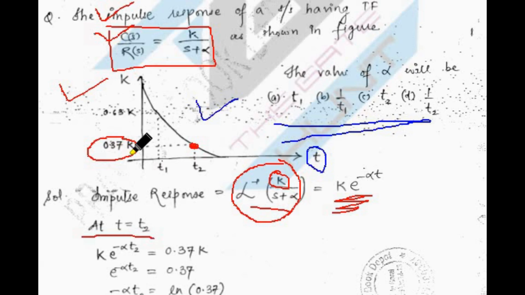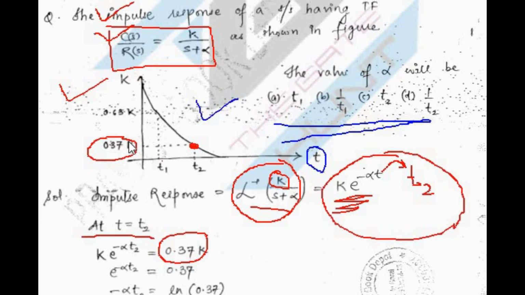So I am writing that, and I am putting this value, because if I am replacing t by t2, then this output definitely has to show this value only, okay, because in the impulse response singularity function, your output is nothing but your transfer function, right? So that only I am equating over here, and I am finding out the value, right?